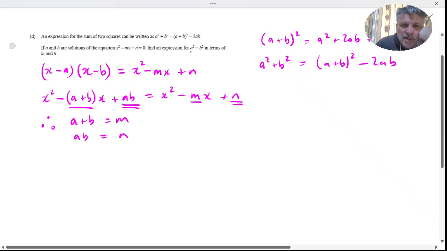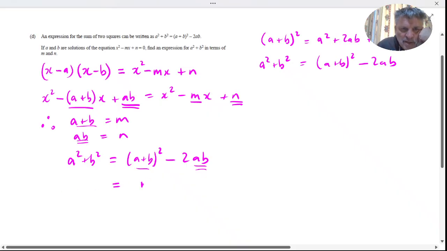And they want us to find an expression for a squared plus b squared in terms of m and n. And they told us that a squared plus b squared is (a plus b) squared minus 2ab. Well, a plus b is given here, and ab is given here. So this is going to be equal to m squared minus 2n.